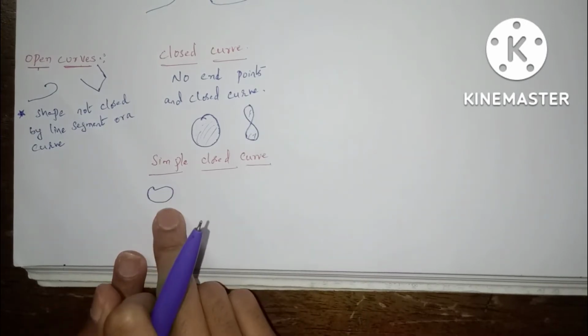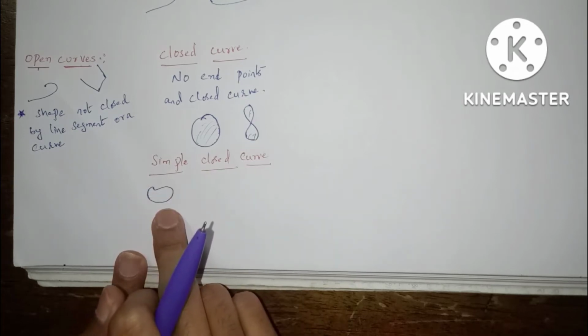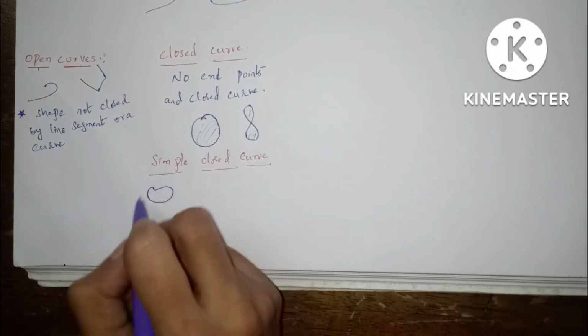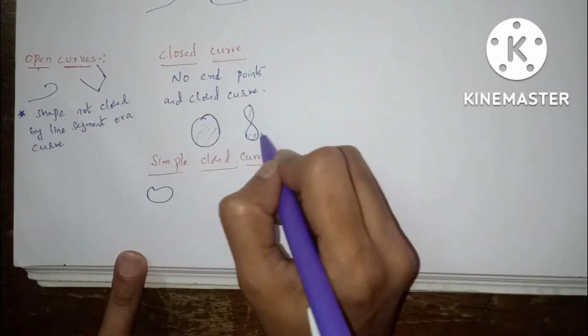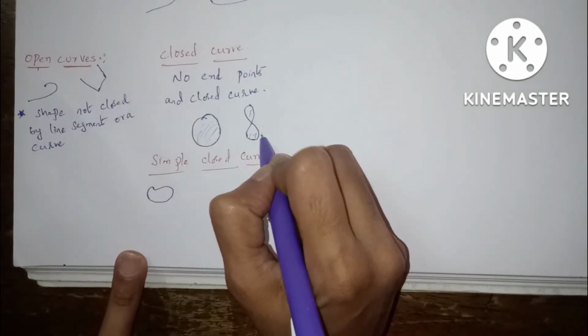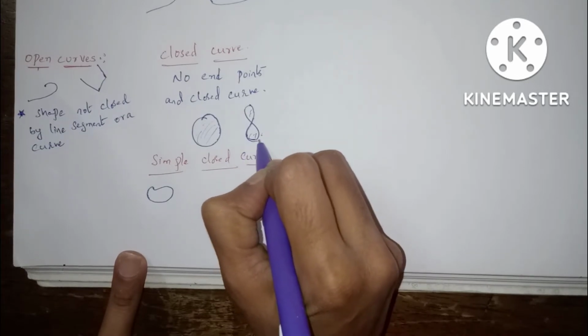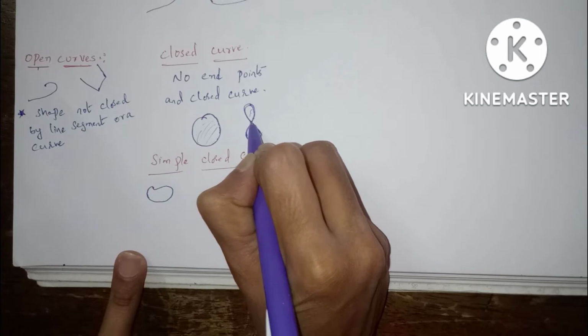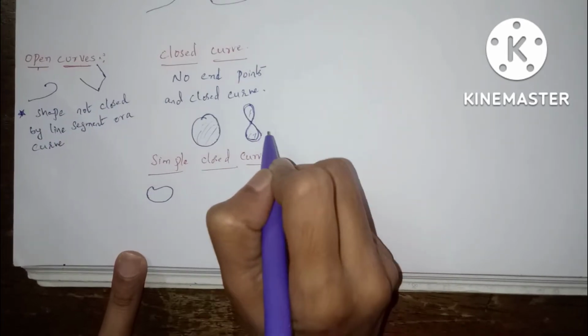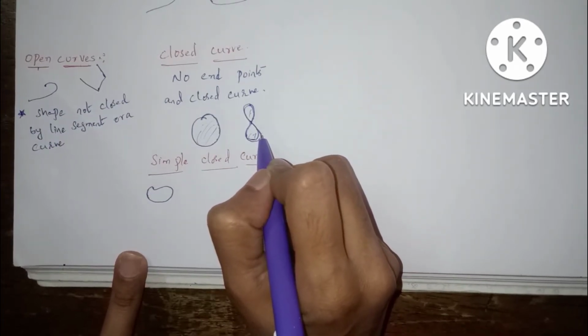This is a closed curve, but also a simple closed curve because it does not have any intersecting point. If I draw this, it is not a simple closed curve because it is crossing itself, overlapping one curve with another. So it is a closed curve, but not a simple closed curve.